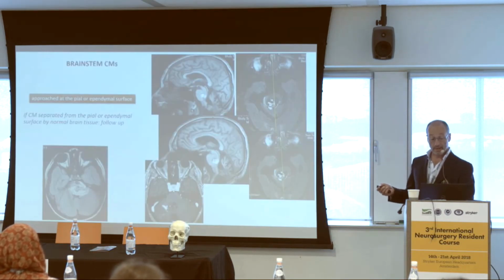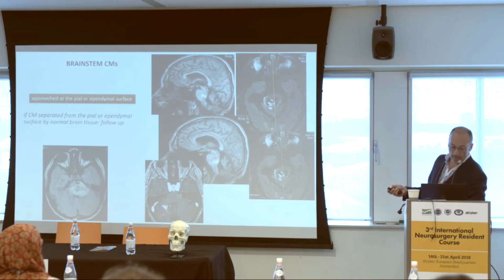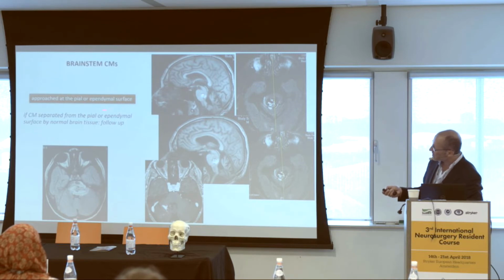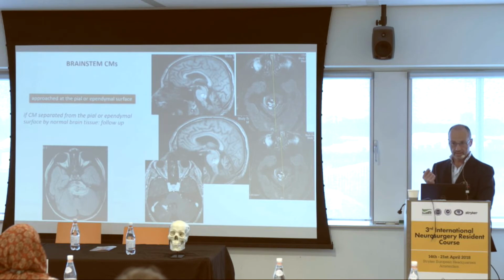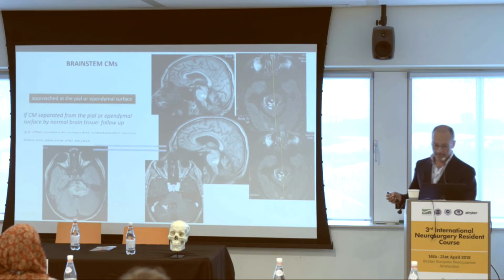Even if very experienced vascular surgeons propose surgery for accessible symptomatic lesions, even if they do not reach the pial or ependymal surface. Very important, always spare the DVA, the associated one, which drains normal brain.